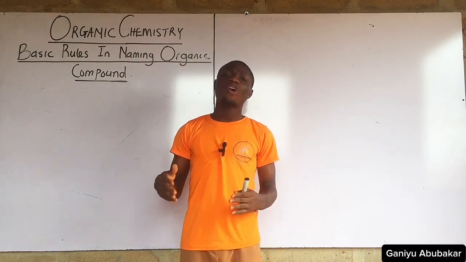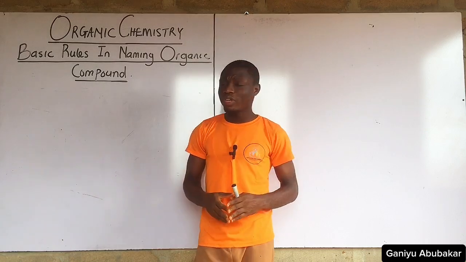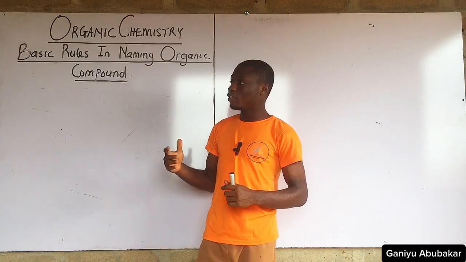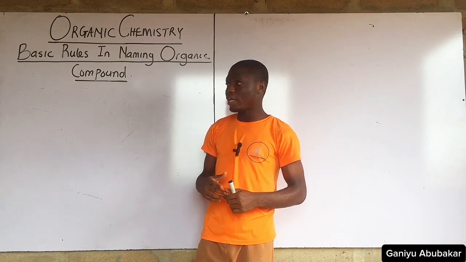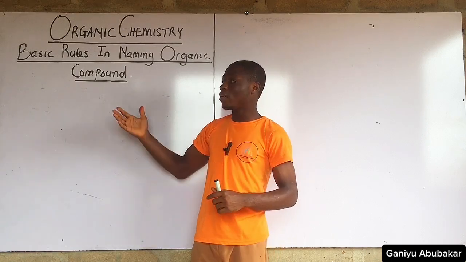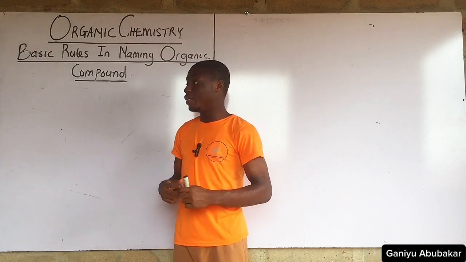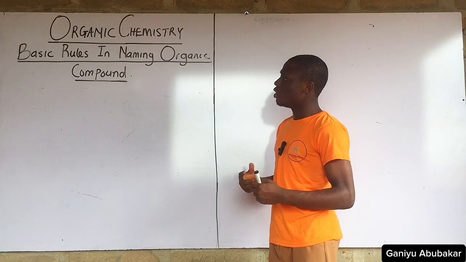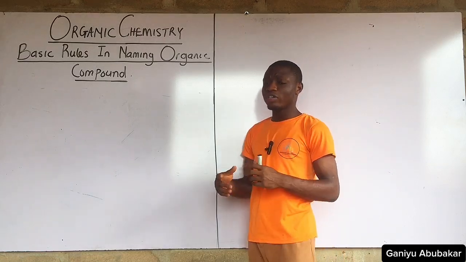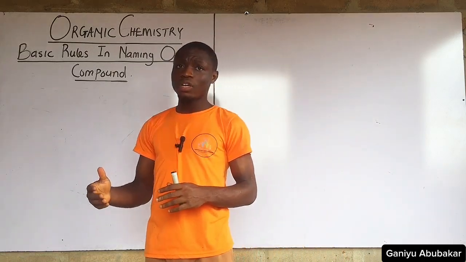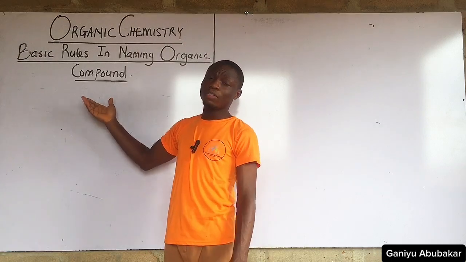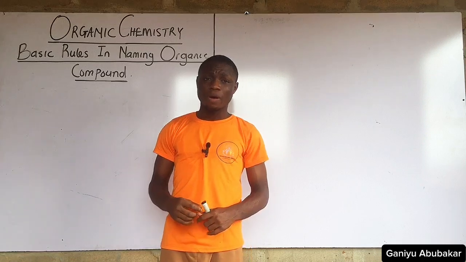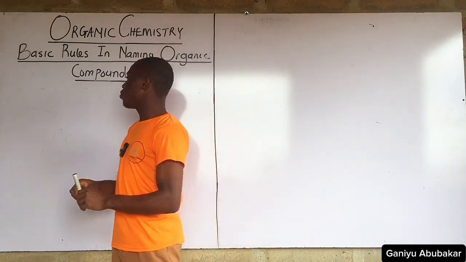For this class, we're talking about the fourth, fifth, and sixth rules in naming organic compounds. So let's start with rule 4.